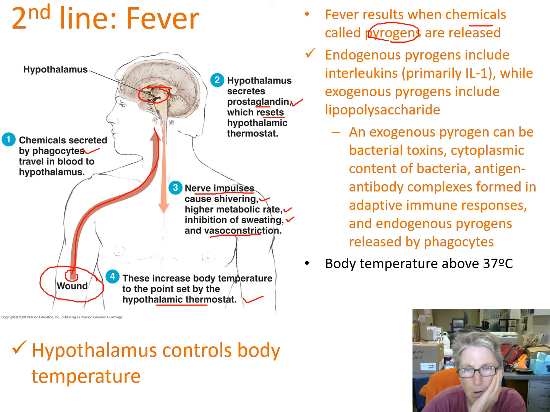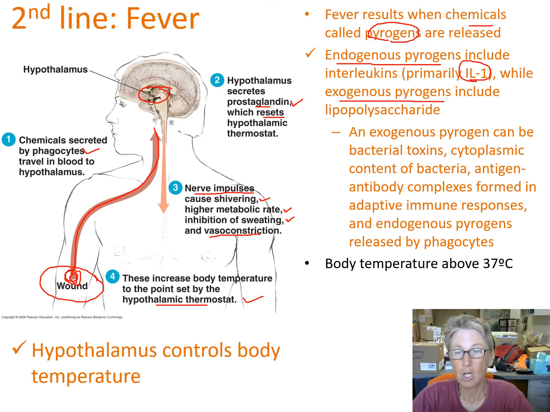So there are these molecules called endogenous pyrogens, and they include the interleukins like IL-1 that are released from the macrophages here at the wound site, and those are endogenous pyrogens. And then you have exogenous pyrogens, including LPS. And if you remember, in your gram-negative cells, in that outer membrane, you have LPS, which is actually a bacterial toxin.